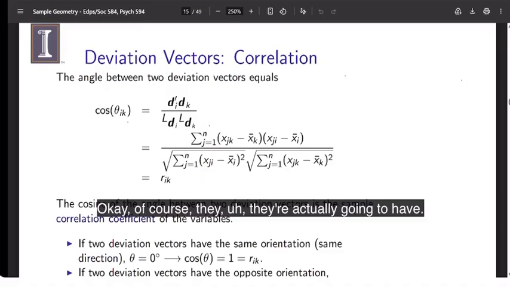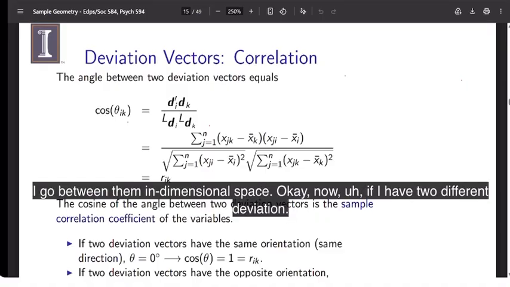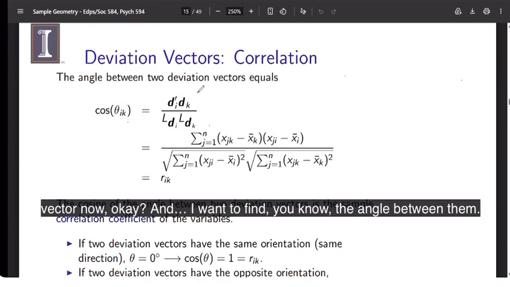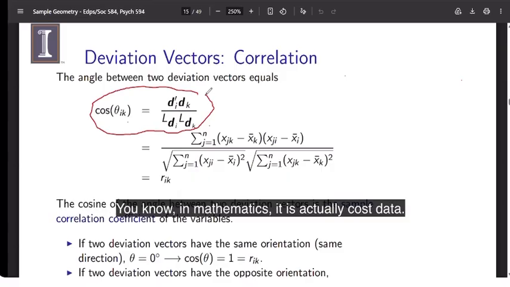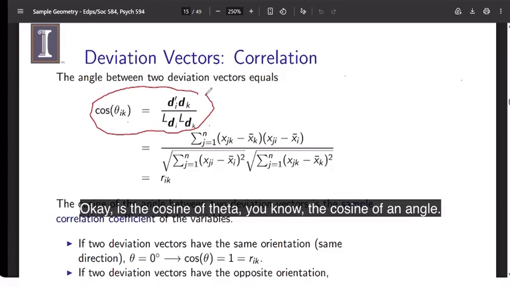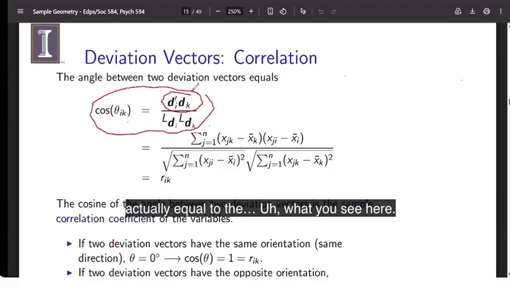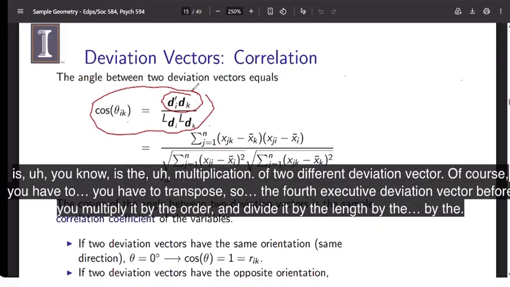Now, if I have two different deviation vectors and I want to find the angle between them, in mathematics it is cos theta, the cosine of the angle, which equals the multiplication of the two deviation vectors.